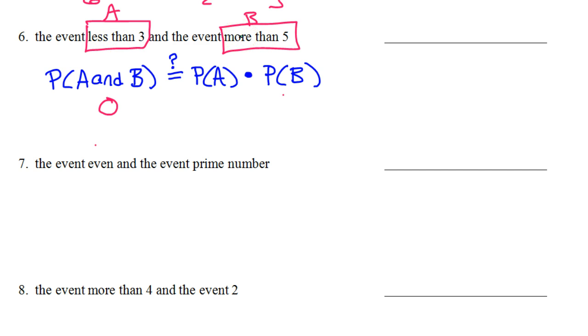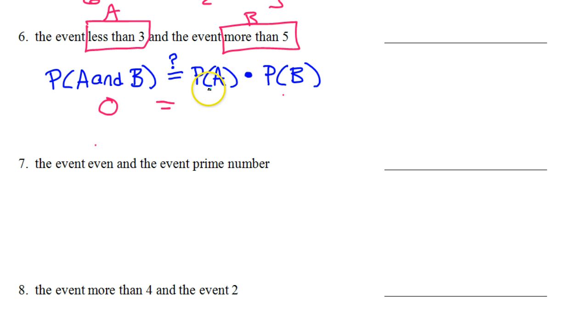There are no numbers that are less than 3 and at the same time more than 5. That's not happening. So the overlapping probability is 0. This is not looking good for being independent.